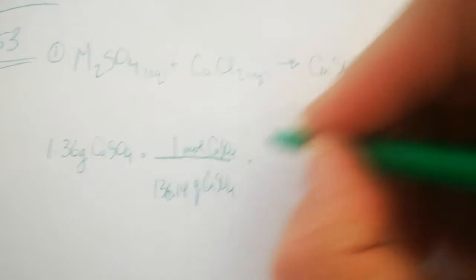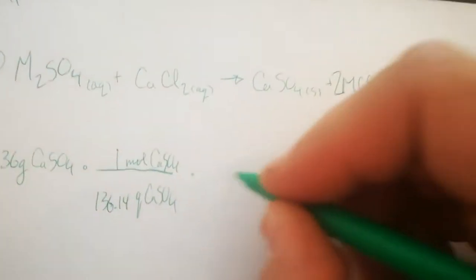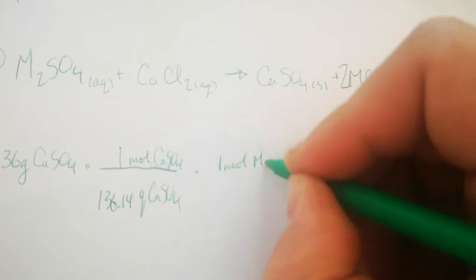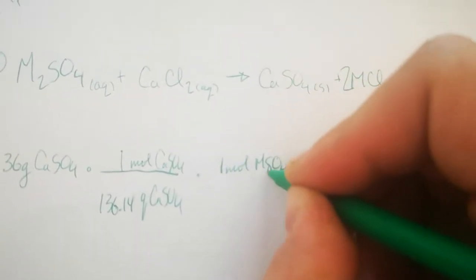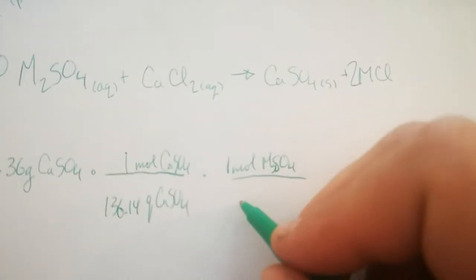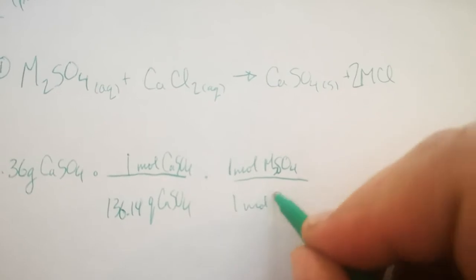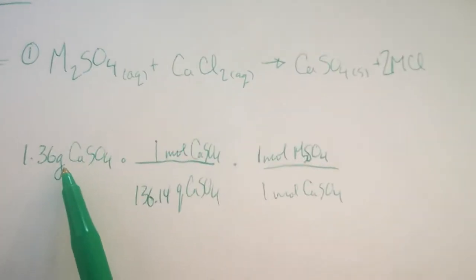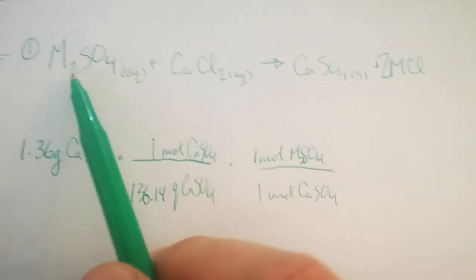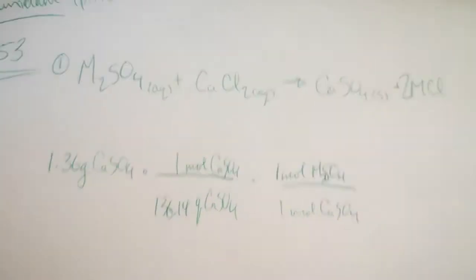Now we're going to solve for how many moles of M2SO4. We had 1 mole of M2SO4 in our balanced equation for every 1 mole of CaSO4. So in this calculation, we've turned the mass of our final precipitate into moles of our final precipitate, and we solve for moles of our initial compound that we must have had.